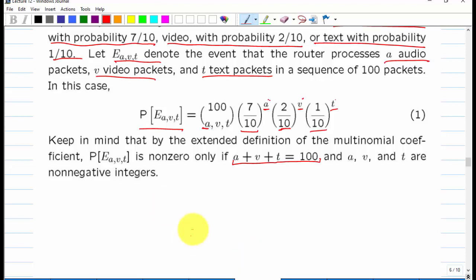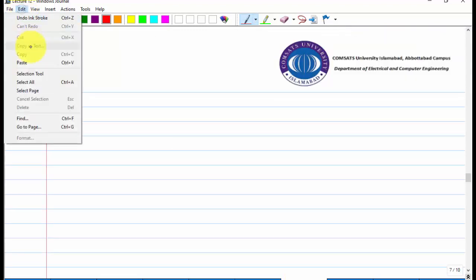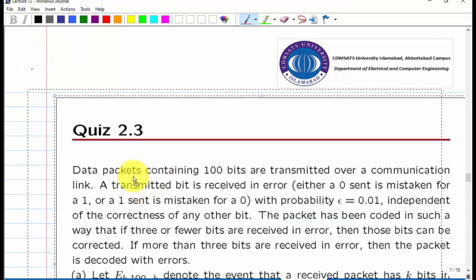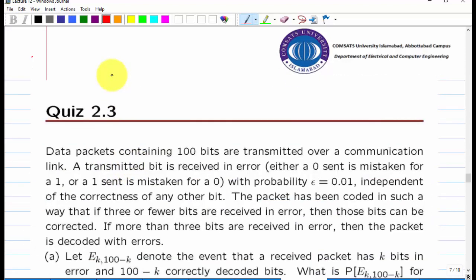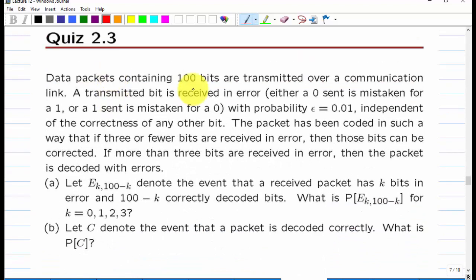So let's look at another example. I will paste it from the book. So this is quiz 2.3. Data packets containing 100 bits are transmitted over a communication link. A transmitted bit is received in error, either a 0 sent is mistaken for a 1, or a 1 sent is mistaken for a 0, with probability of error epsilon equal to 0.01, independent of the correctness of any other bit.